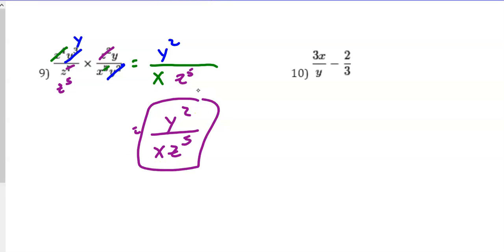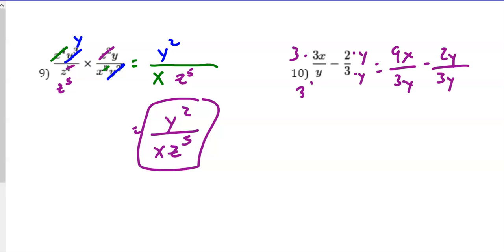Okay. Number 10. Again, another problem very similar to 6 and 8. So I'd like you to, again, pause the video for this. Excuse me, and try this one. Check your answer when you're done with the problem and ready to check. Okay, try to get the same denominators. So y and 3, so that would be 3y.